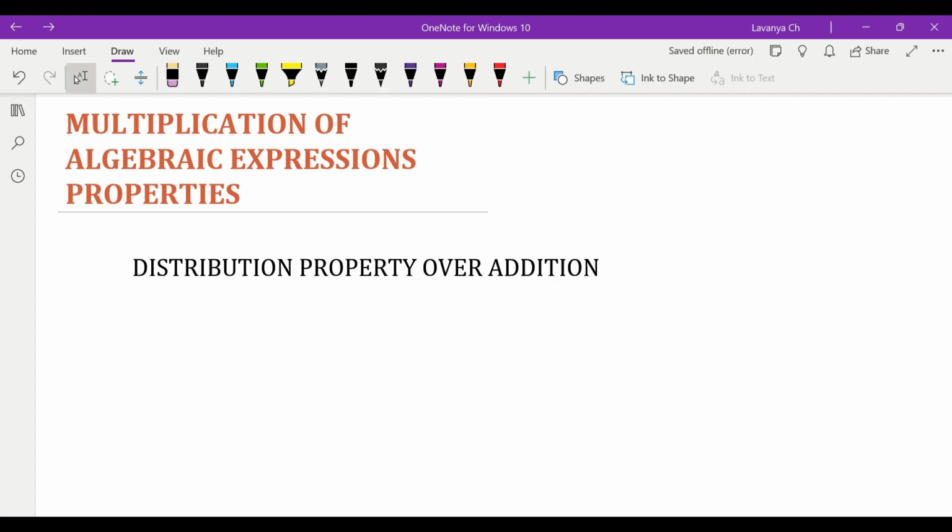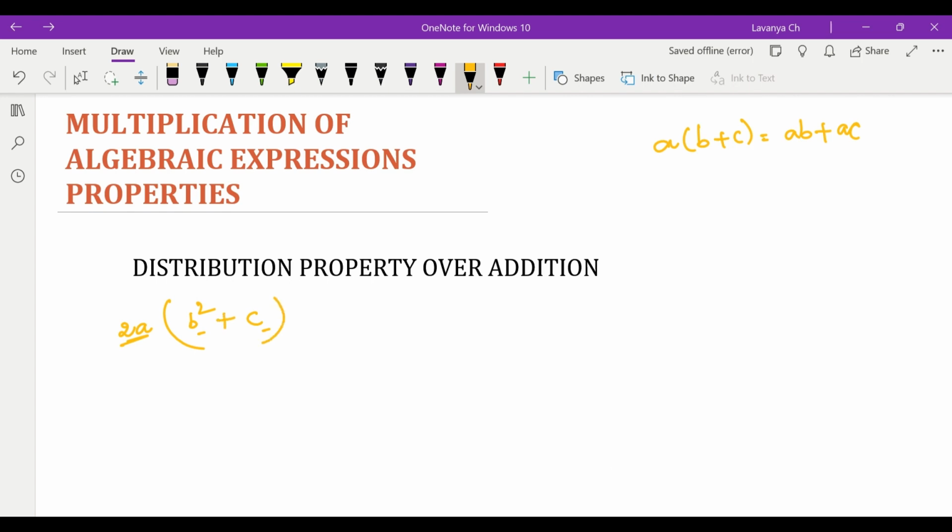After that we have the distributive property over addition, which we would have learned like a into (b plus c) is equal to ab plus ac. We have to see whether this is applicable for algebraic expressions or not. For that, let us take different polynomials, like 2a is a monomial, then b square is another monomial, and c is a third monomial.